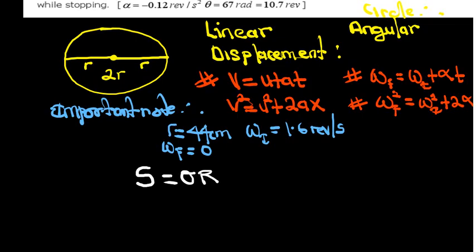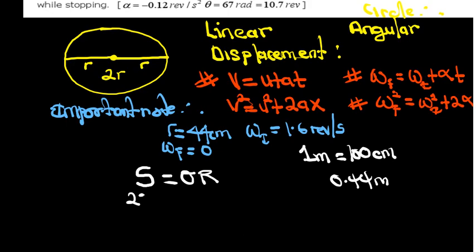The radius has been given in this question as 44 centimeters, but you can't keep that like that. You have to convert it into meters, and you know that the conversion factor is 1 meter being equal to 100 centimeters. So when you convert that, you're going to have 0.44 meters from 44 centimeters.